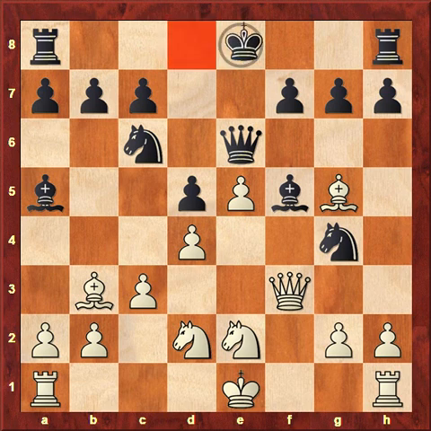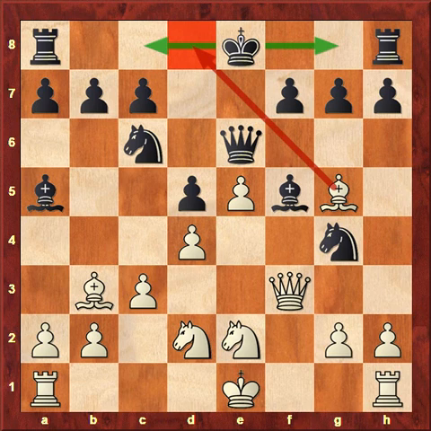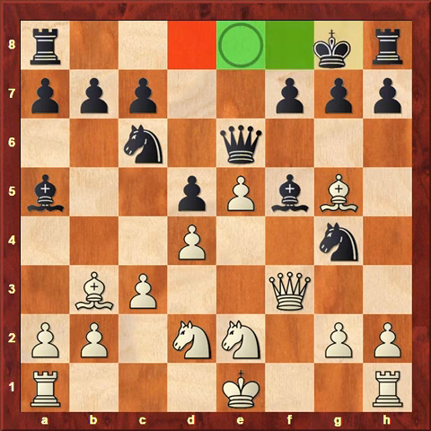So black would not be allowed to castle on the queen side. There are no pieces attacking this square, no pieces attacking this square, and there are no pieces attacking the king. So there are no checks going to be thrown in this move. So black would be allowed to castle on the king side in this scenario.